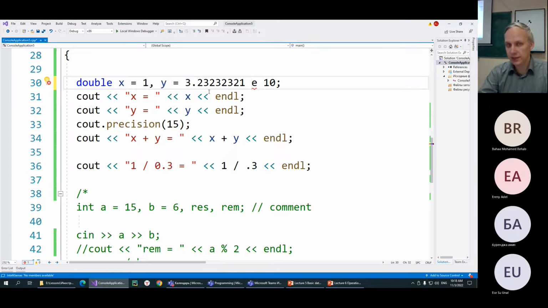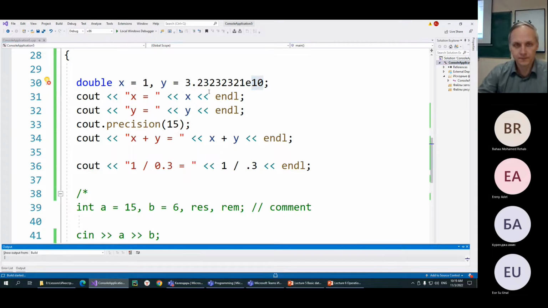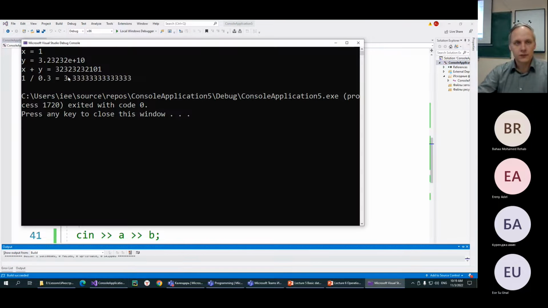If I put here a space, it will be a mistake. The symbol E must follow immediately after the mantissa, and also here no spaces. Okay. So 3.2323 and so on times 10 power 10. And we see this very large number.